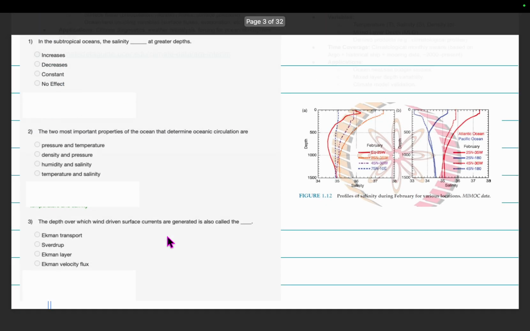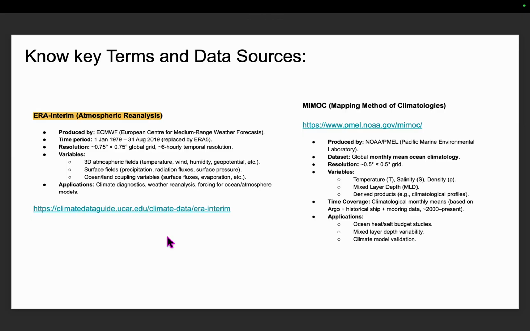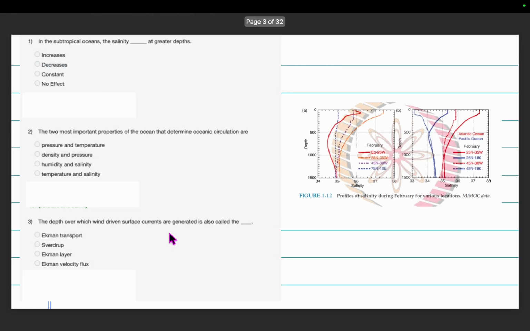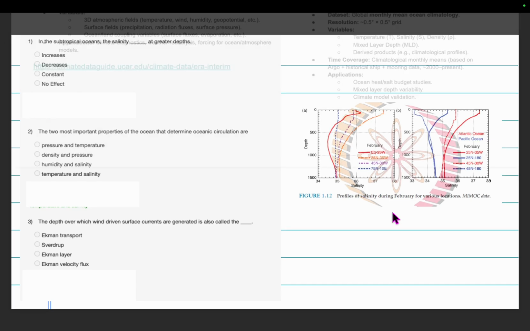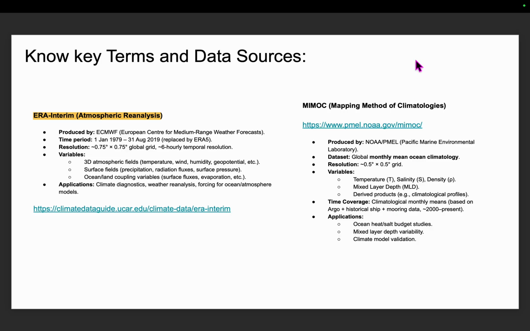And in the next part, that is the ocean circulation, different types of data are plotted here, such as how the salinity varies with depth and how the temperature varies with depth. That data has been taken from the MIMOC mapping method of climatology website, maintained by the Pacific Marine Environmental Laboratory. This dataset is the global monthly ocean climatology, and different variables such as temperature, salinity, density are plotted here.